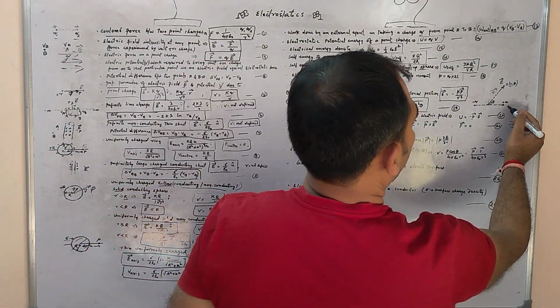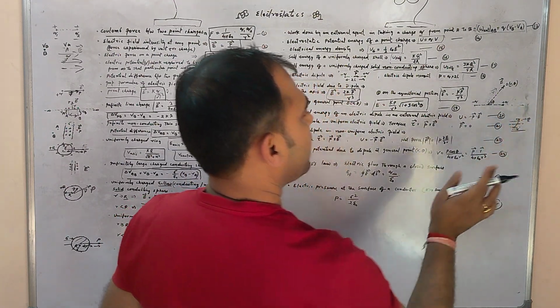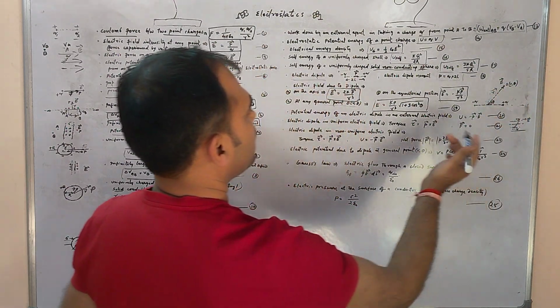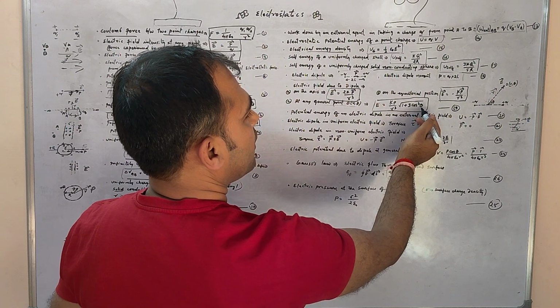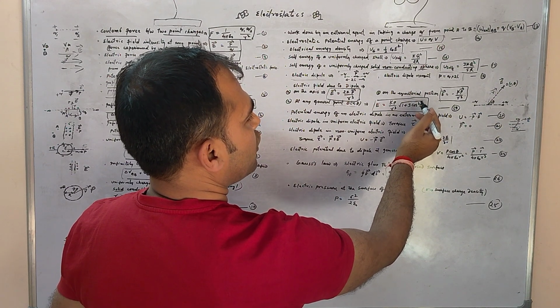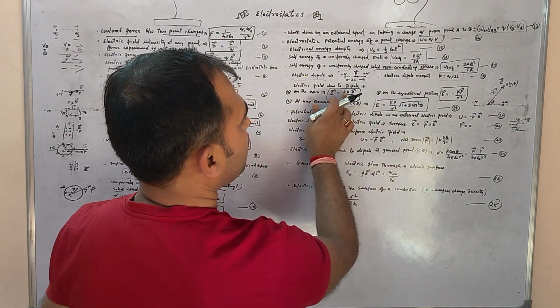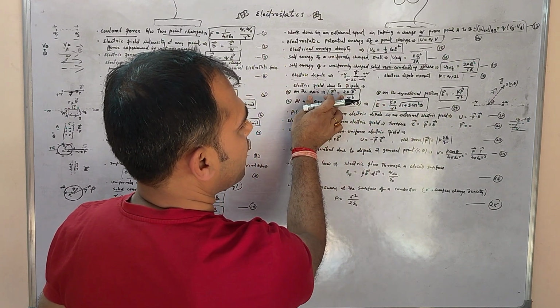Now see, for the axis, theta will be equal to 0. So if we put theta equal to 0, then cos 0 will be 1, 3 plus 1 is 4, root 4 is 2. So 2kP by r cube, here it is given 2kP by r cube.